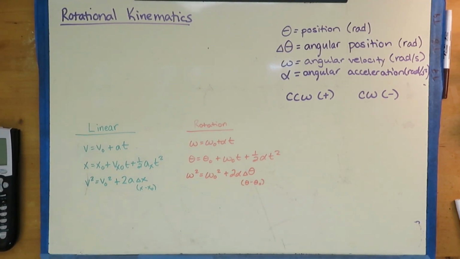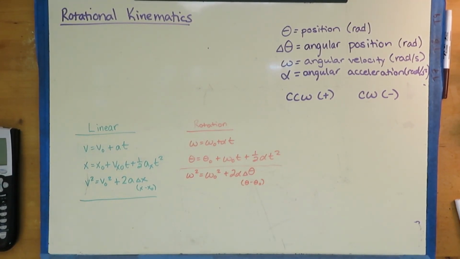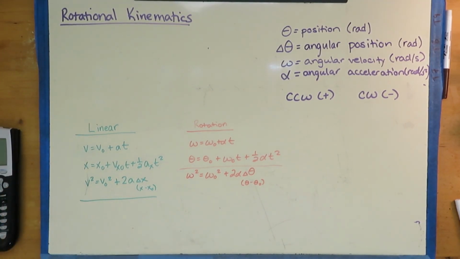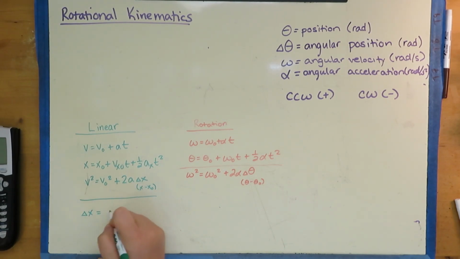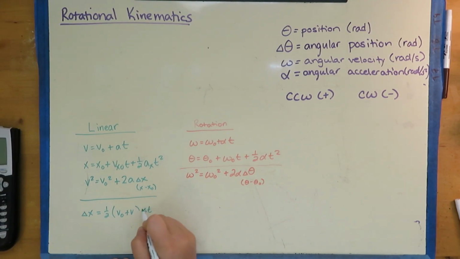These three equations are on the AP Physics 1 formula sheet, but only the top two are in rotational form. It doesn't matter because you already know this equation. It's on the sheet, so you just have to switch it. Even though it's not written there for you, you know it. Remember, the fourth equation isn't actually on the formula sheet. It's that your displacement is equal to your average velocity, which is 1/2 v0 plus v times our change in time.